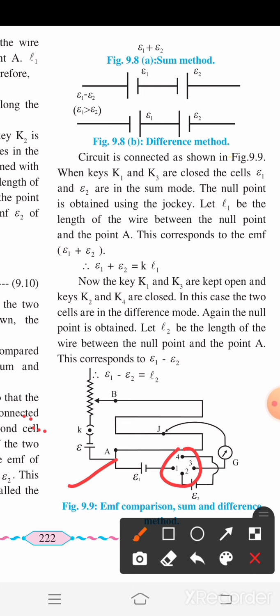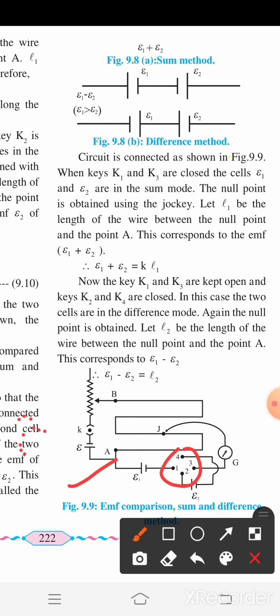That is, the potentiometer wire AB is connected to the source of EMF E, plug key K, and rheostat RH in series, and the positive terminal of the source of EMF is connected to A, so that A is a higher potential point as compared to B. The positive terminal of cell E1 is connected to the higher potential point A, and the negative terminal of cell E1 is connected to the positive terminal of cell E2, and the negative terminal of cell E2 is connected to the galvanometer, and the galvanometer is connected to the jockey.